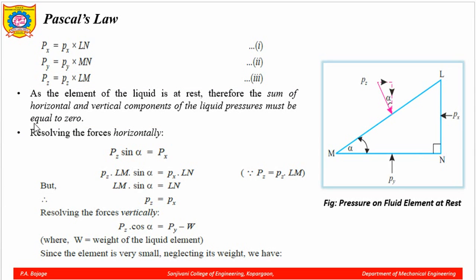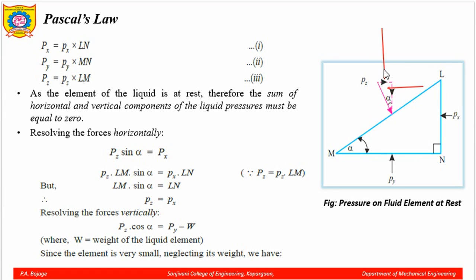Now, resolving the horizontal forces, we have horizontal pressure and vertical pressure. So, horizontal pressure is Pz sine of alpha, Pz sine of alpha is equal to Px.